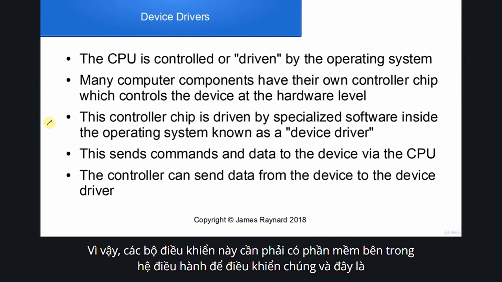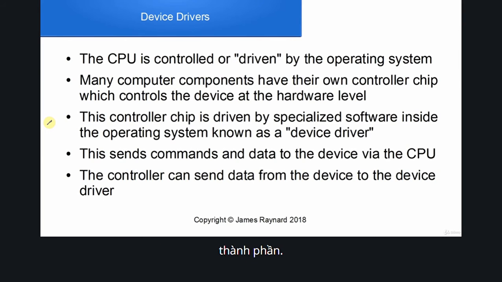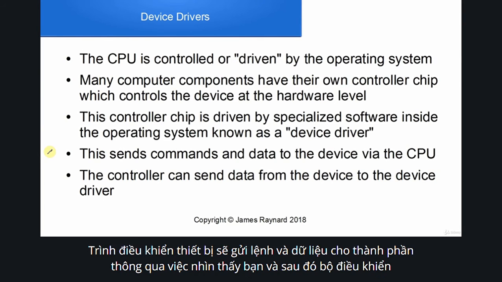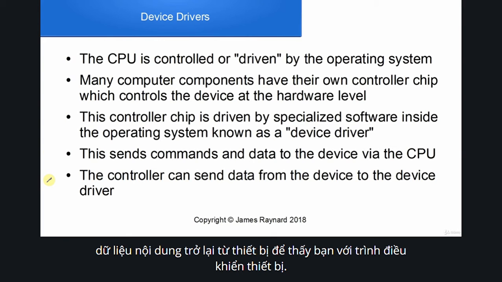So these controllers need to have software inside the operating system to drive them, and this is known as a device driver. So each device on the computer has its own specialized bit of software which is particular to that component. The device driver will send commands and data for the component via the CPU, and then the controller can send data back from the device to the CPU to the device driver.